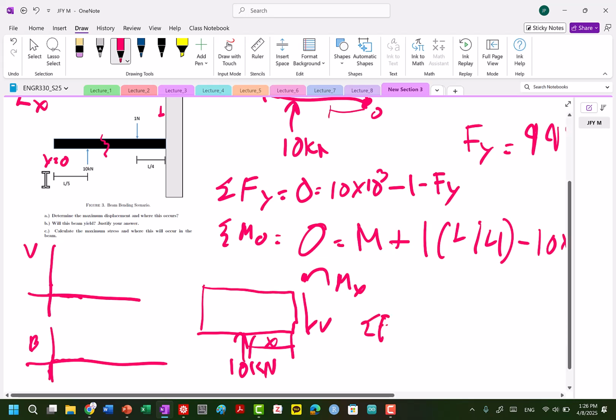So sum of the forces in the y set equal to 0, and then we're going to say that this is equal to minus V plus 10 times 10 to the third, so V is equal to 10 times 10 to the third newtons.